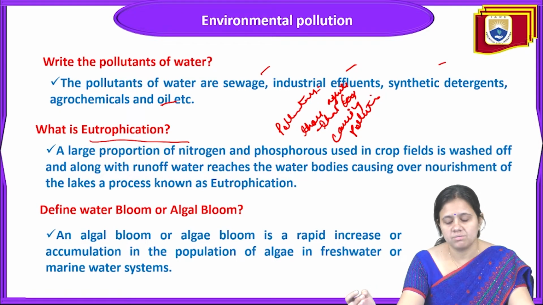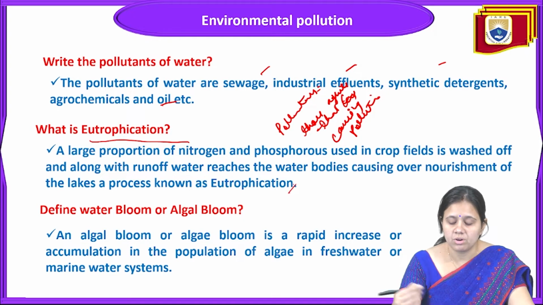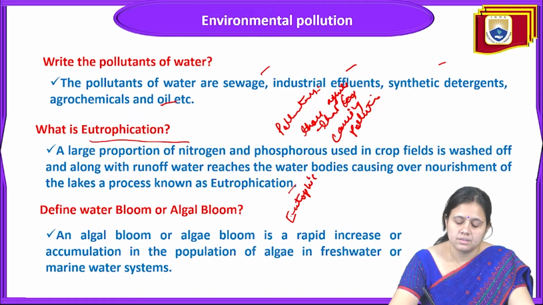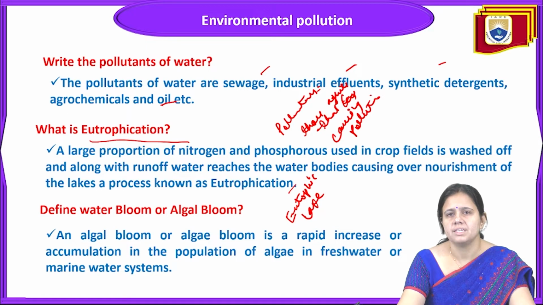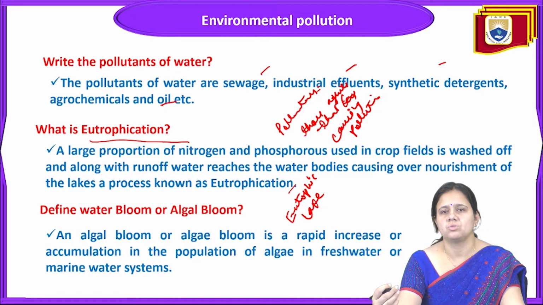That nitrogen and phosphorus causes overnourishment of the lake, and the process is known as eutrophication. That lake is called a eutrophic lake.